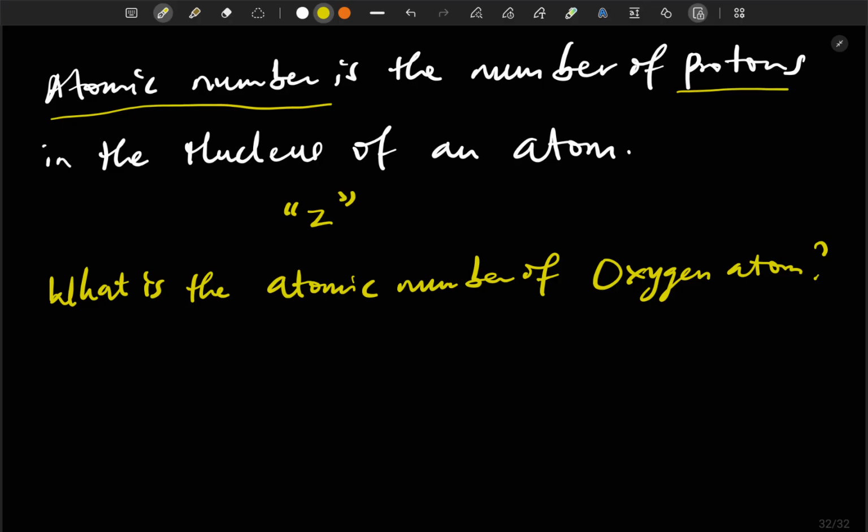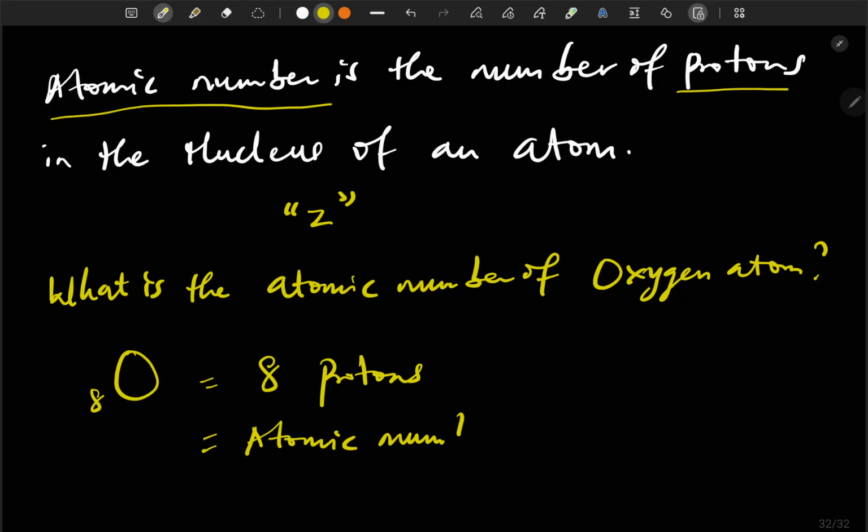So if oxygen, O, is number 8 on the periodic table, this 8 is actually the number of protons present in the oxygen atom. Which means that oxygen contains 8 protons, and the atomic number is equal to 8, because atomic number is the number of protons.